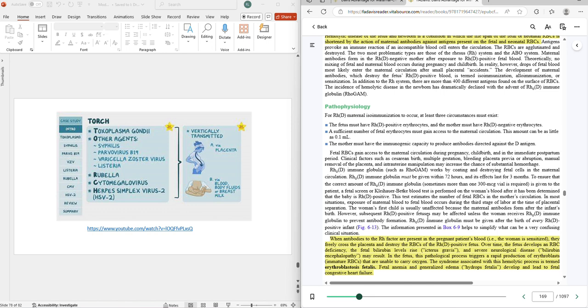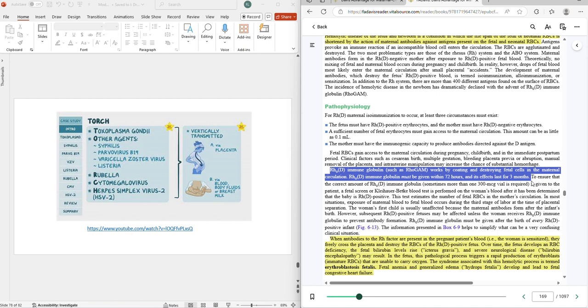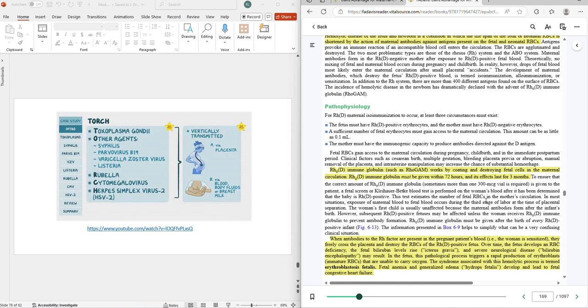Okay? We give a drug called RhoGAM. It's actually a blood product, Rh D immune globulin, okay? And it works because we don't want this to happen, right? It works when we give it to the mama during her pregnancy, and then within 72 hours after she delivers.